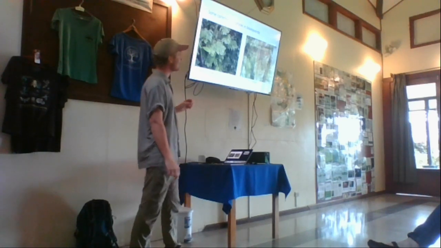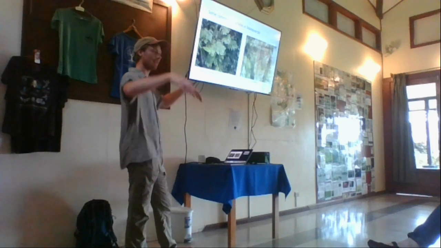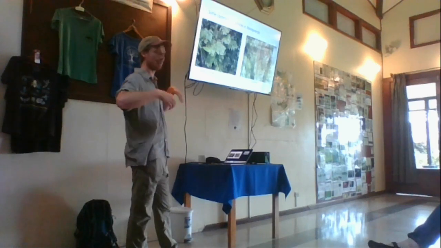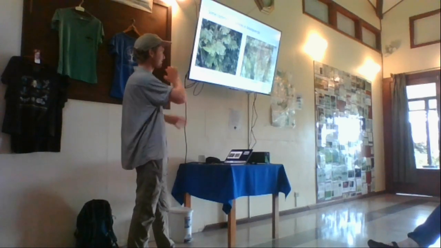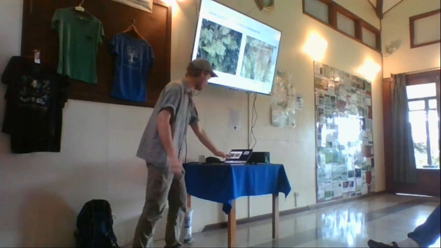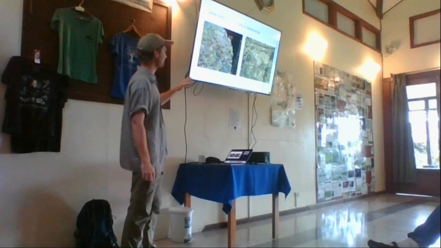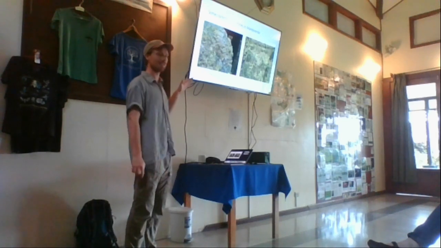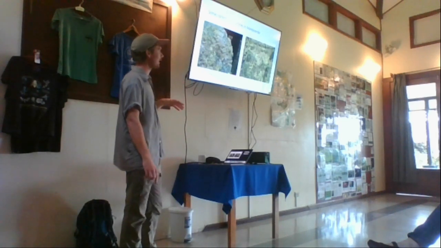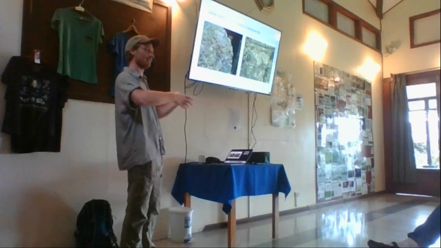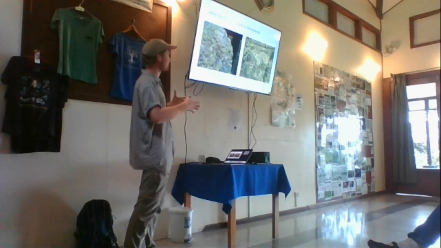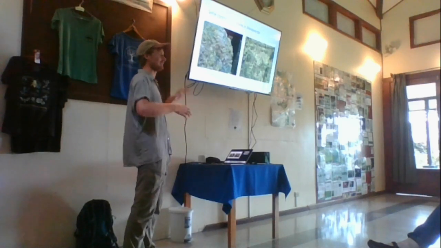Pilotrichella flexilis is common in the understory on little branches. At my field site on the Caribbean slope, it's basically on everything. These are super cool. This is a family of liverworts, the Lejeuneaceae, which actually diversified here in this part of the world. And so there are many, many species of these plants.